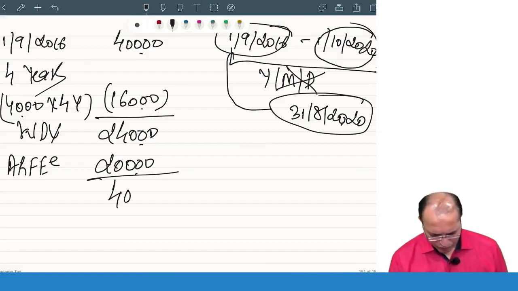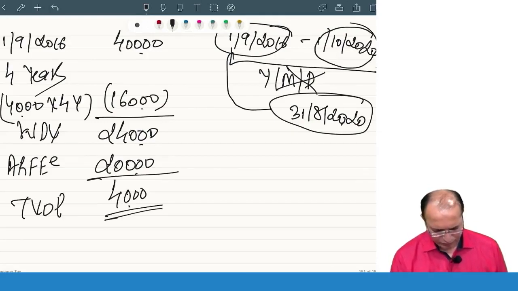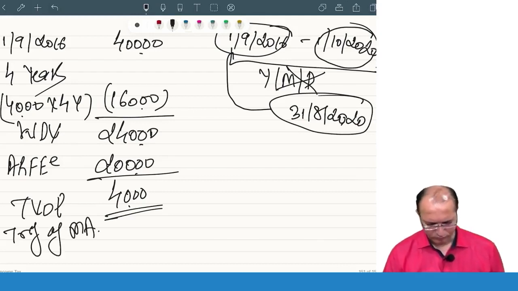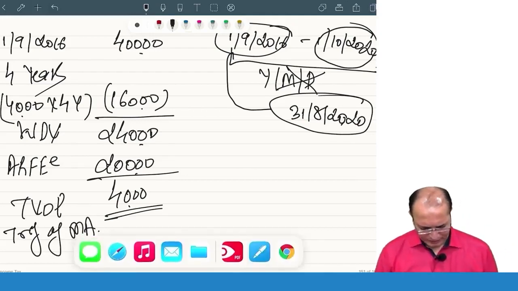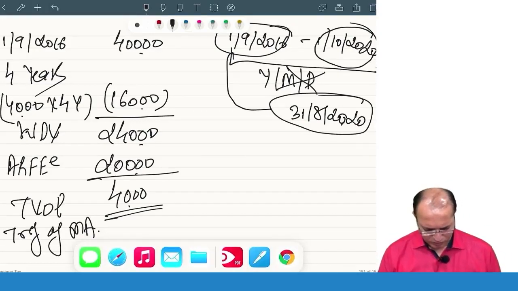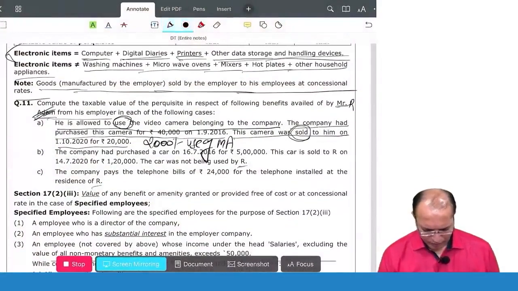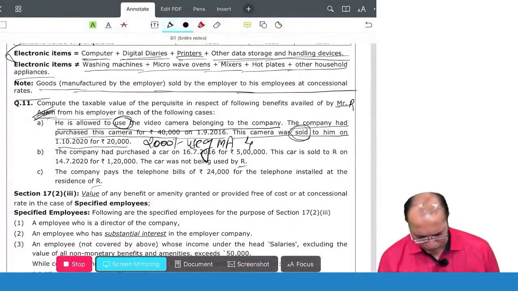So the difference is 4,000. This is the taxable value of perquisite for transfer of movable asset. For use of movable asset, the perquisite value was 2,000. Transfer of movable asset, 4,000.